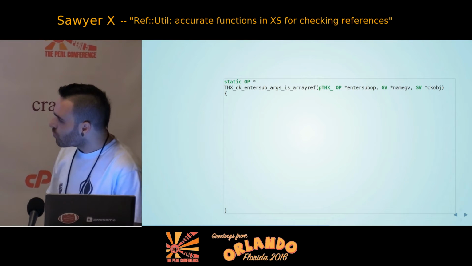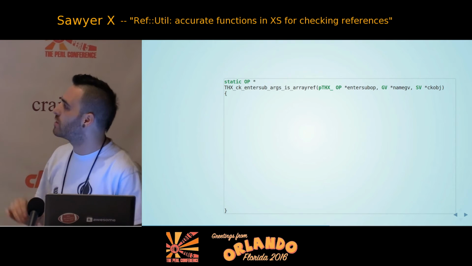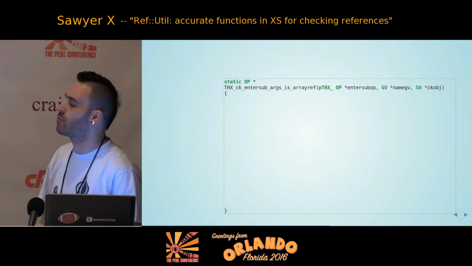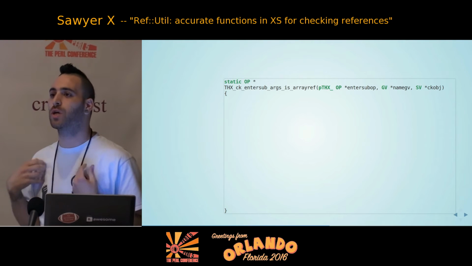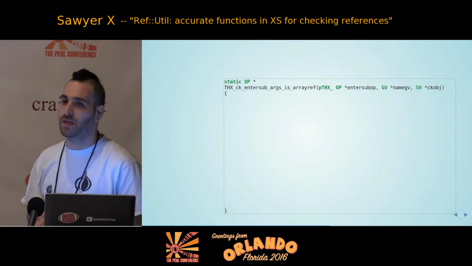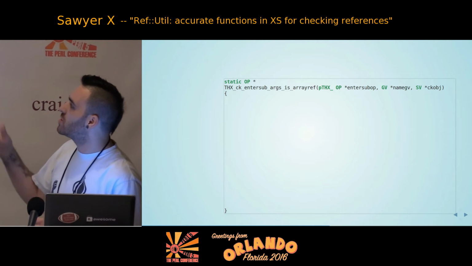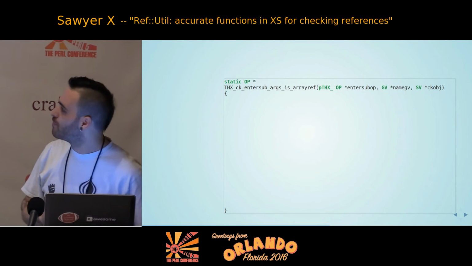So it is another op. I called it the check enter sub args for isArrayRef, because the way that it works is it's called a call checker. That's just the name of that mechanism, and it receives an op that it's supposed to run and some variables.